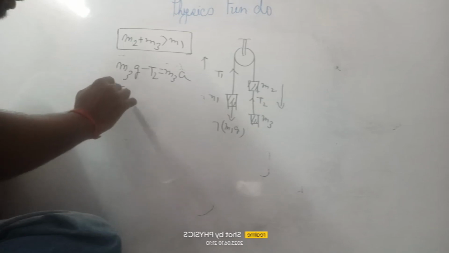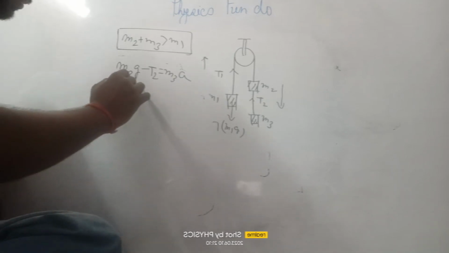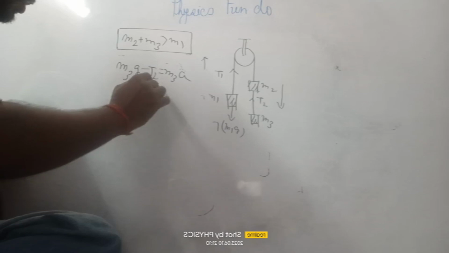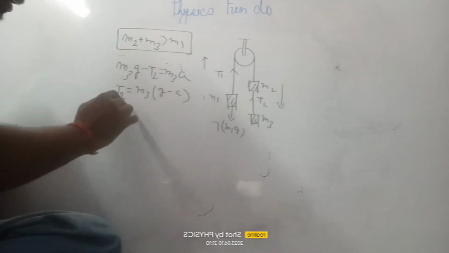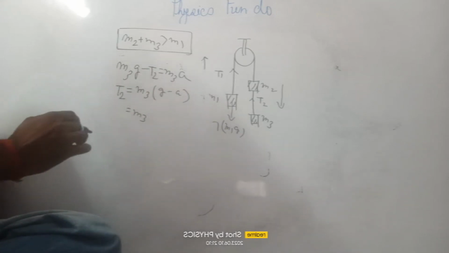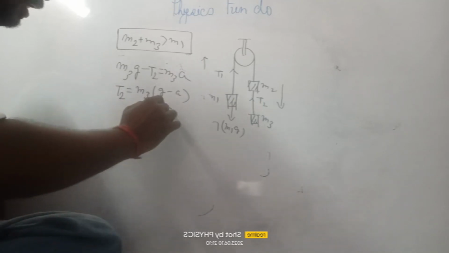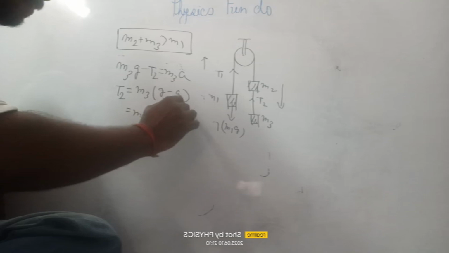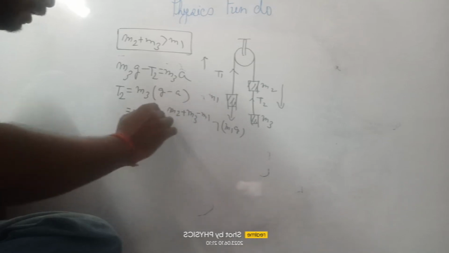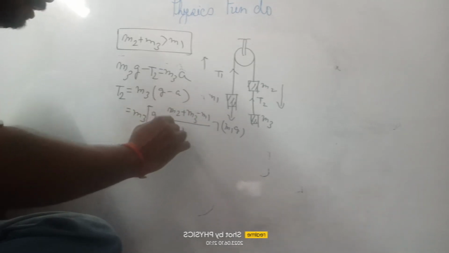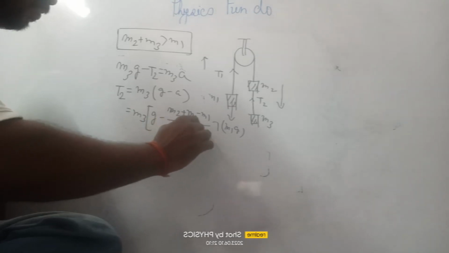Now T2 is equal to m3 into (g minus a). Now m3 comes out. We have g minus (m2 plus m3 minus m1) by (m1 plus m2 plus m3) into g.